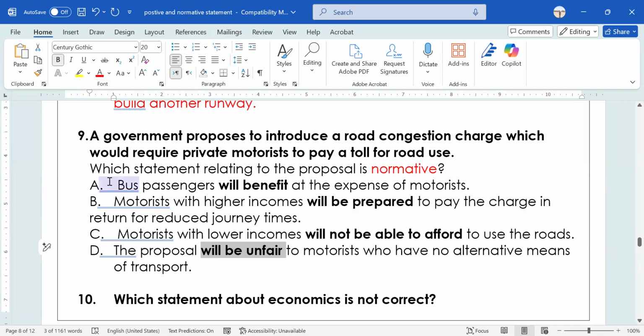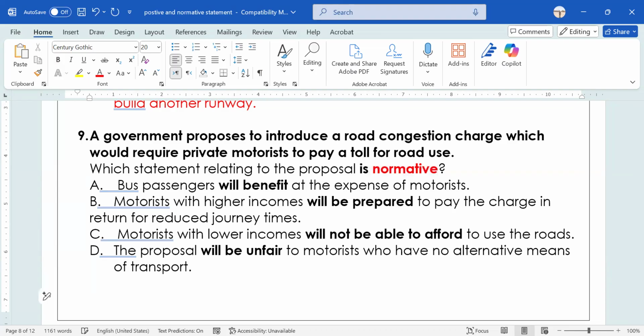Okay, let's have letter A. We're going to identify which one is normative. So letter A, bus passengers will benefit at the expense of the motorists. So this one is what we call a prediction. This letter A statement is a prediction about who gains and who loses.